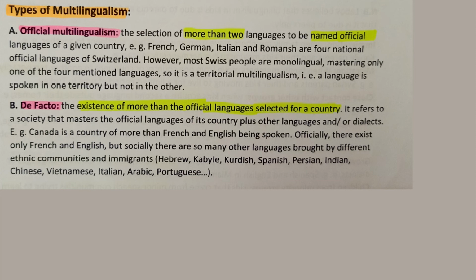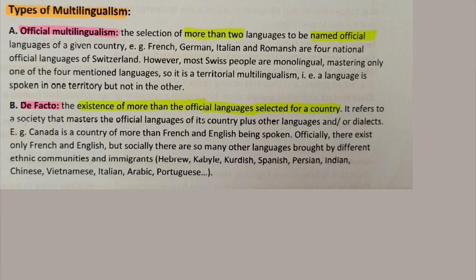Then we have de facto multilingualism. De facto is the existence of more than the official languages selected for a country. It refers to a society that masters the official languages of its country plus other languages and/or dialects. For instance, Canada, like I said before, is a country with more than French and English being spoken.